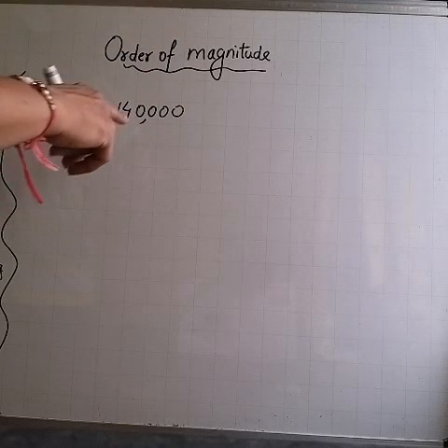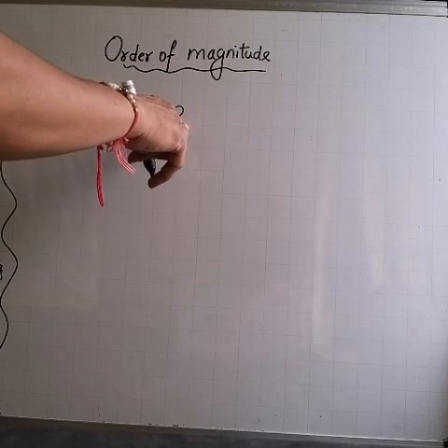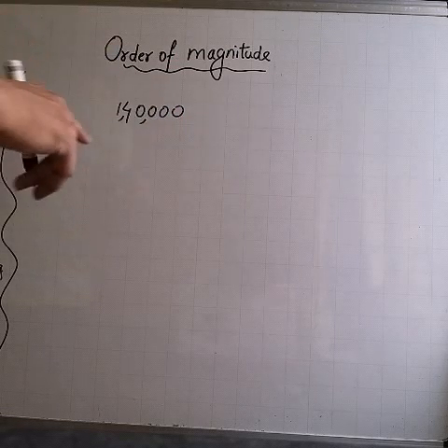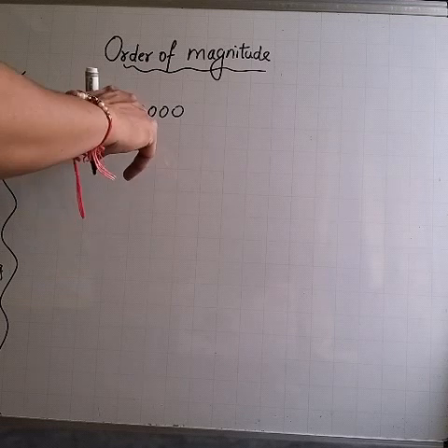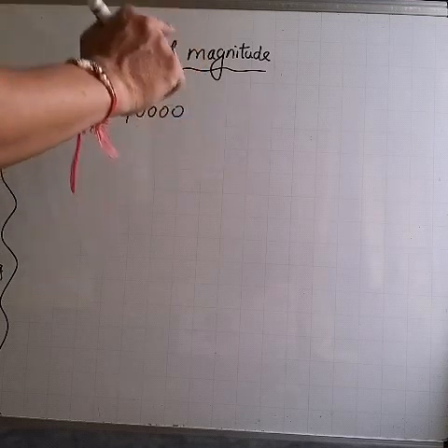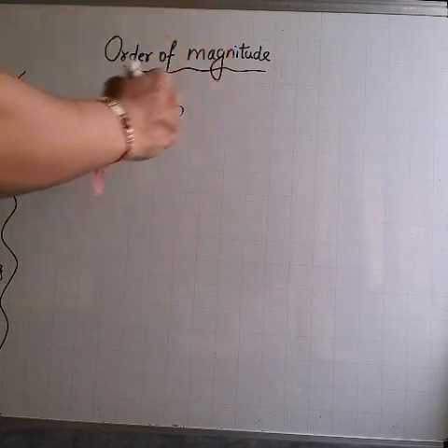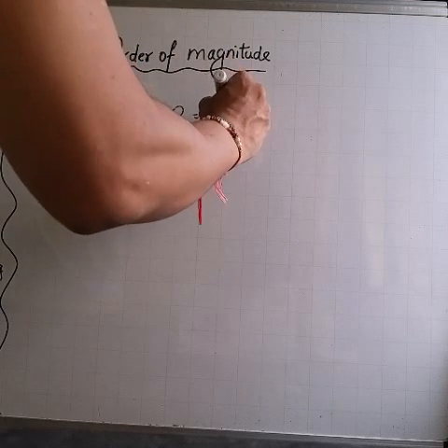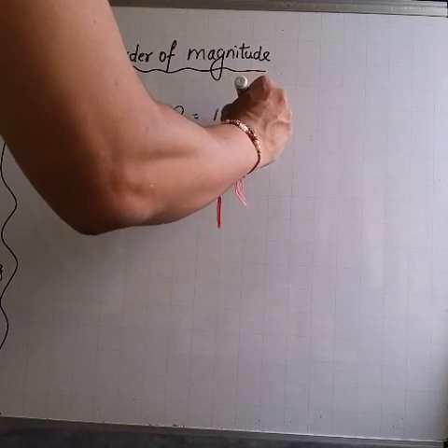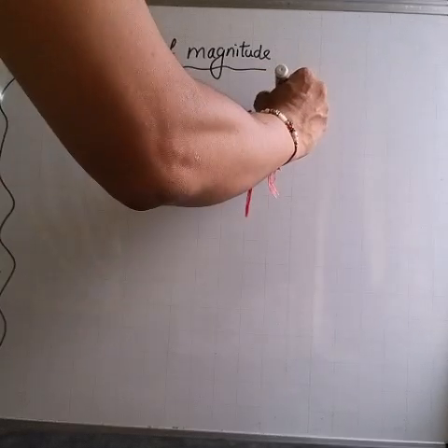Okay sir, just now you told me that zeros after a non-zero will also be significant. No, when this is a whole number, then the number of significant figures will be only 2. These zeros have to be written in powers of 10. So it will be written as 1.4 into 10 raised to 5.